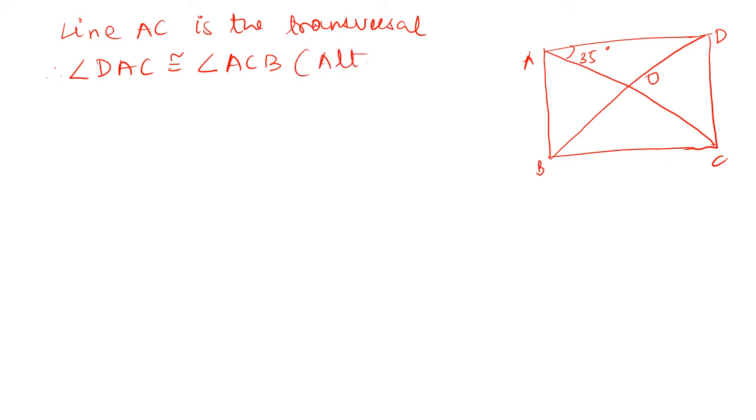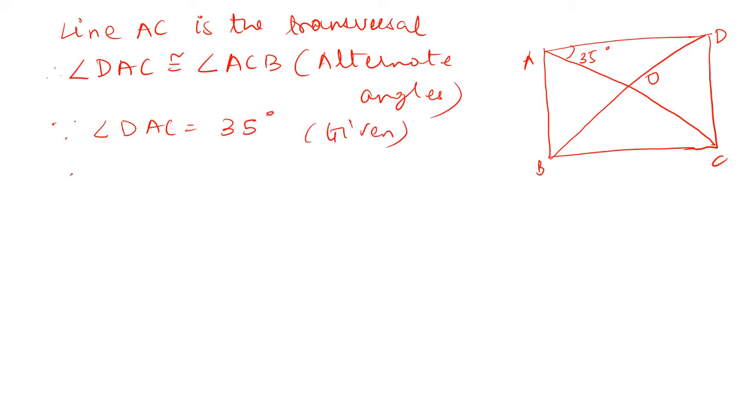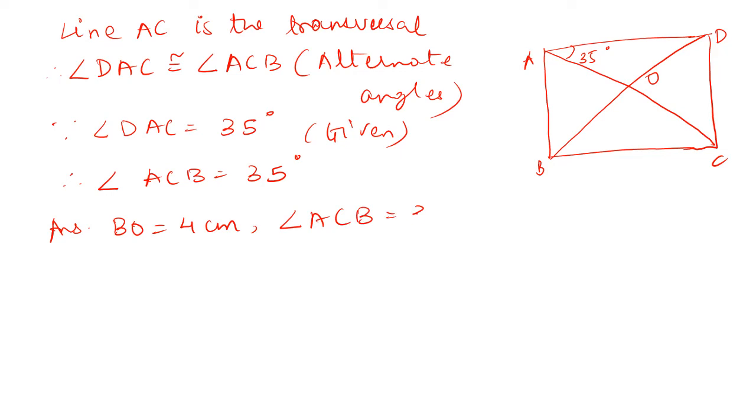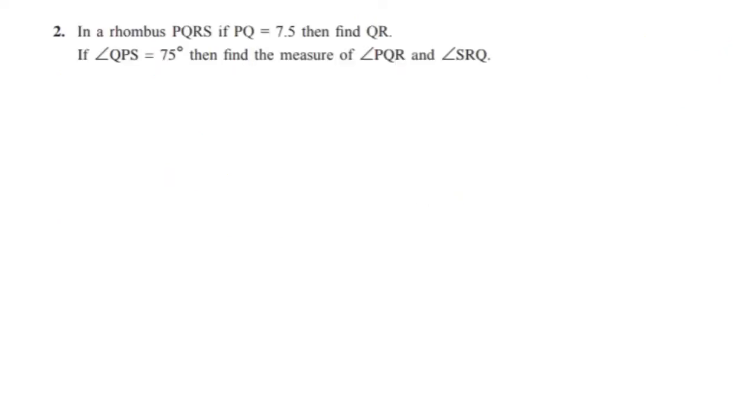Why? Alternate angles. So since angle DAC is 35 degrees, which is given, we can say that angle ACB is also 35 degrees. Okay, so we have got your answer: BO we have found as 4 centimeters and angle ACB we have found as 35 degrees.